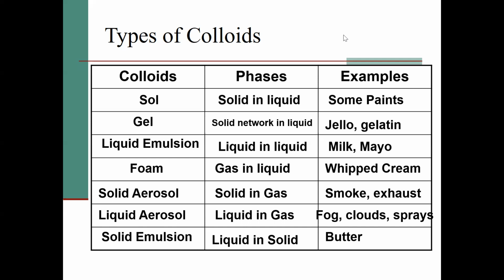If the answer is no, it's a pure substance. There are two types of pure substances: elements and compounds. I'm not going to spend time discussing the difference between element and compound in this class. If you don't know that, you probably shouldn't be in chemistry.